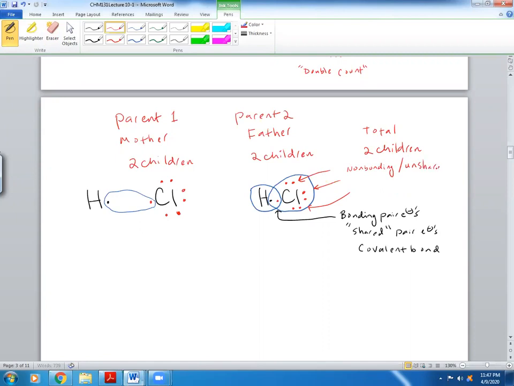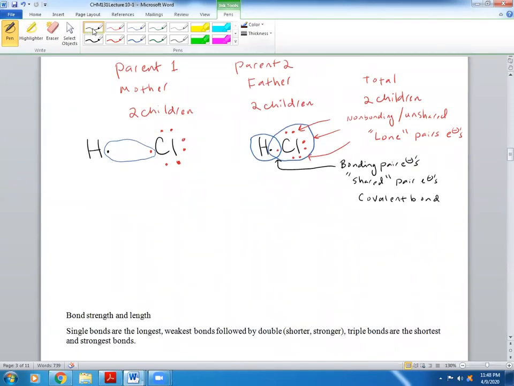Or most importantly, we call them, and I want you to use this, lone pairs of electrons. Lone pairs. So of course, you still have to know what non-bonding means. I mean, the word is going to give it out, okay? Non-bonding means they're not involved in a bond. So they belong to one atom. So lone pairs, bonding pairs, shared pairs, and covalent bonds.